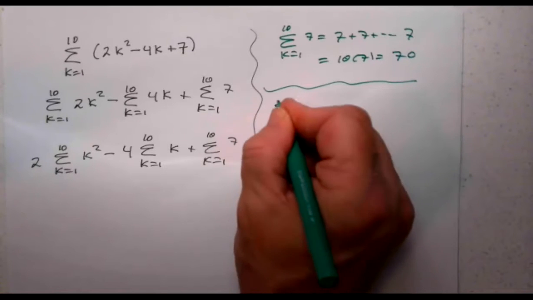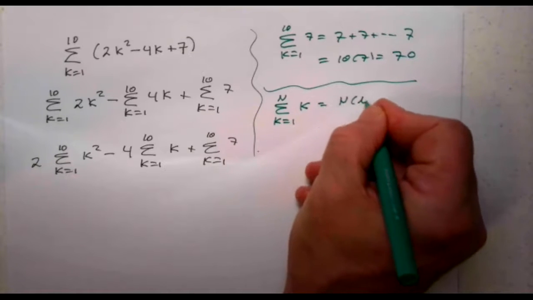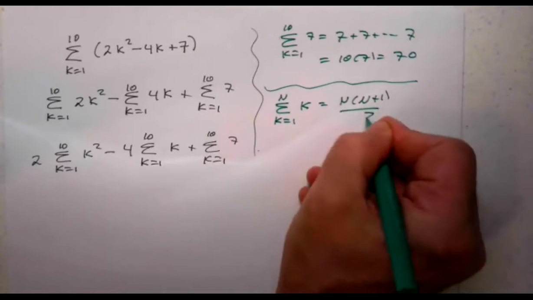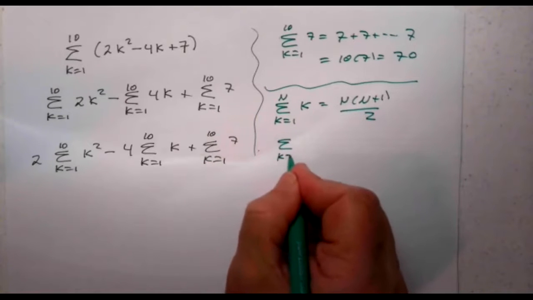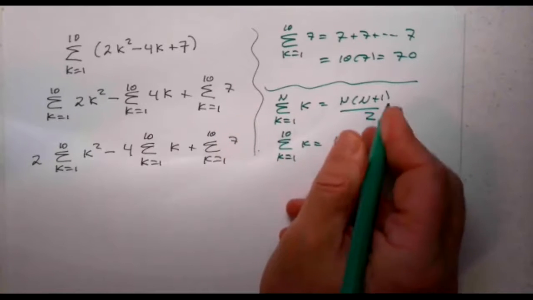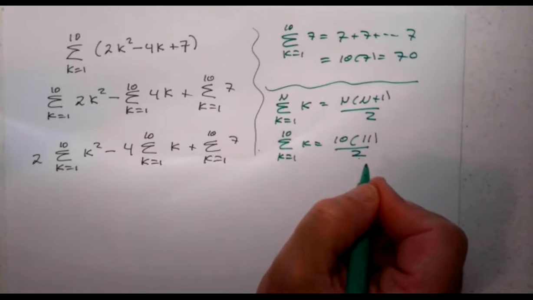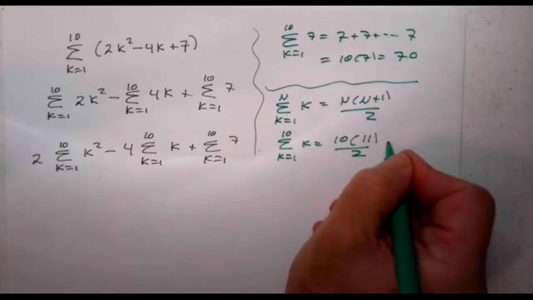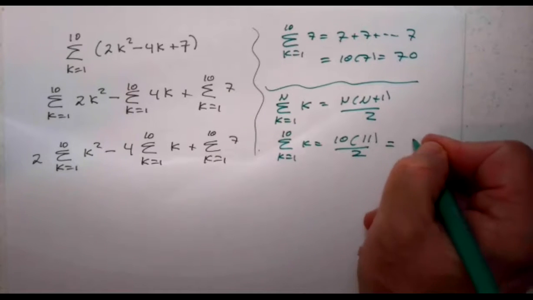The sum as k goes from 1 to n of k is n times n plus 1 over 2. So let's replace the n's with 10s. The sum as k goes from 1 to 10 of k would be 10 times 10 plus 1 times 11 over 2, which is how much? 10 times 11 over 2, I believe, is 55. So we get that piece.